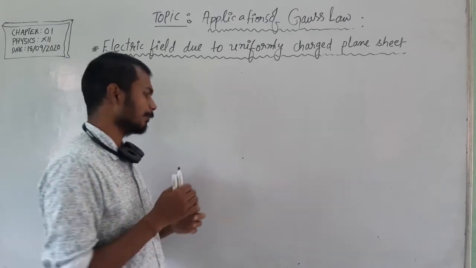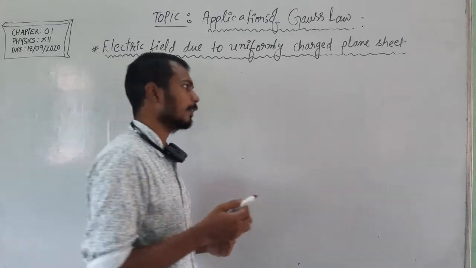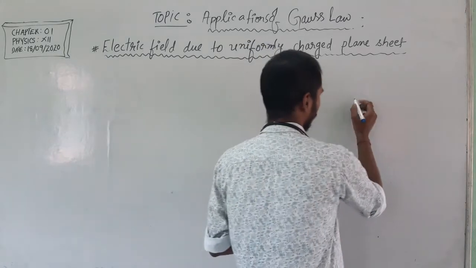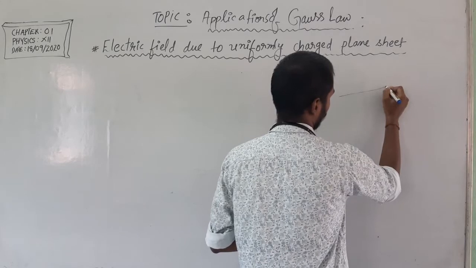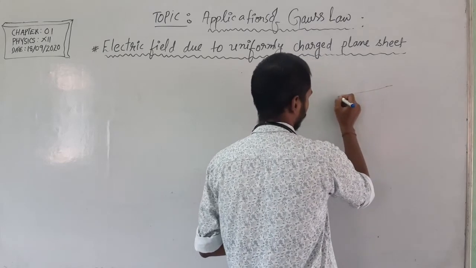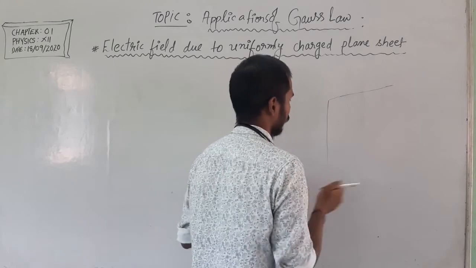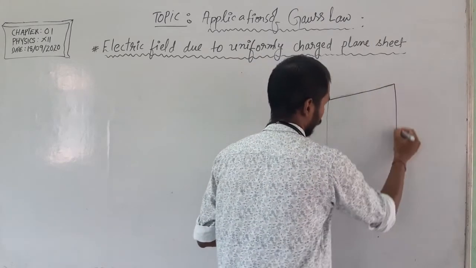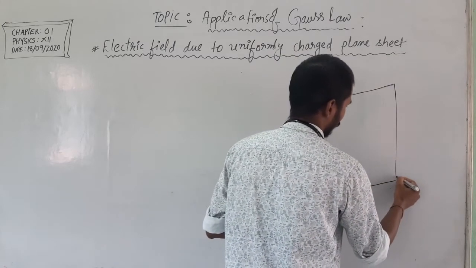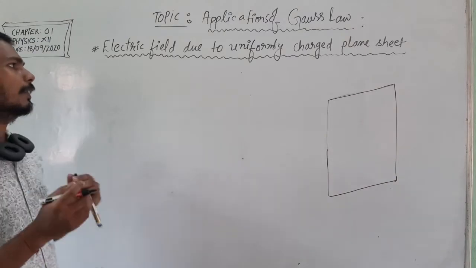So let us consider first a uniformly charged plane sheet. We will consider a thin rectangular sheet, like this. This is a rectangular sheet, or we can say a thin plane sheet.